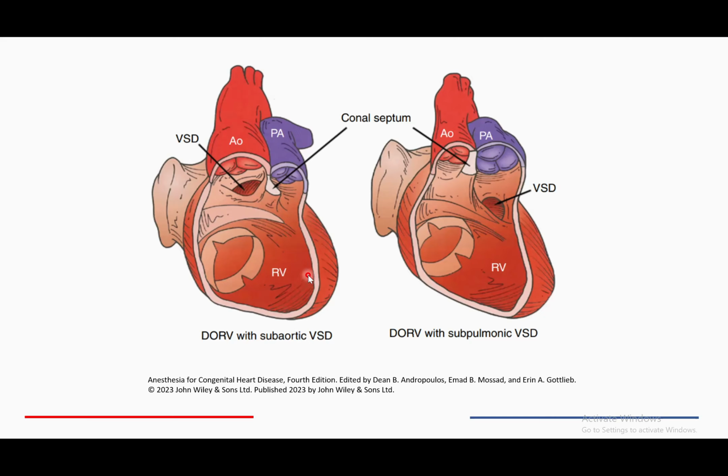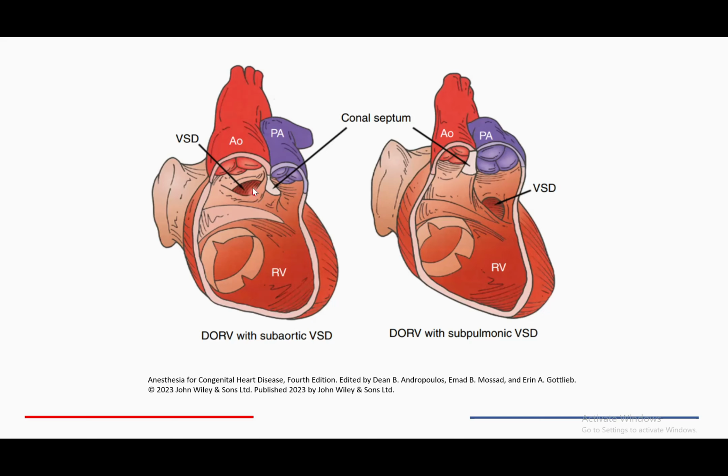So during systole, the jet of blood coming out of the left ventricle flows by jet propulsion into the aorta, and then some blood escapes through the right ventricle and then to the pulmonary artery. So part of the cardiac output of the left side is shifted to the right side.